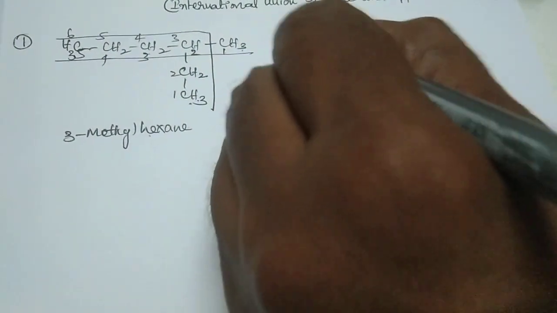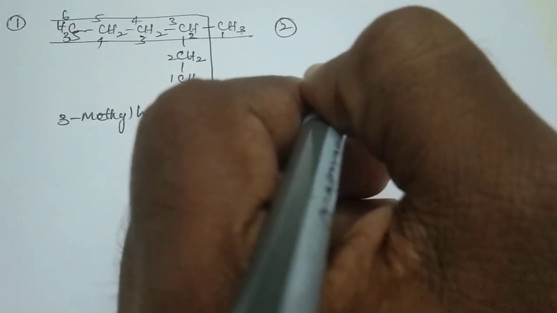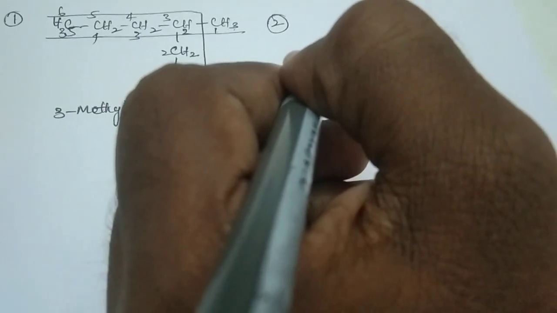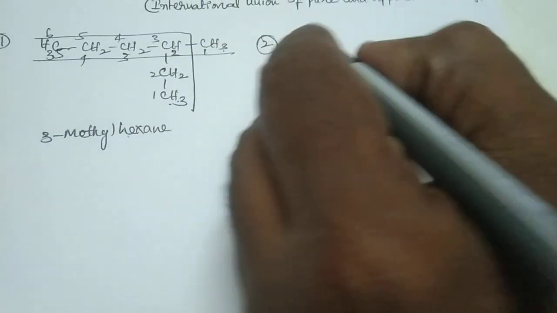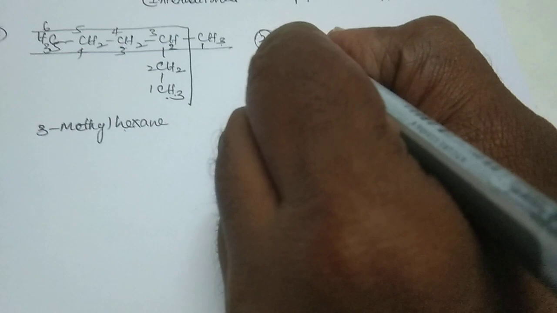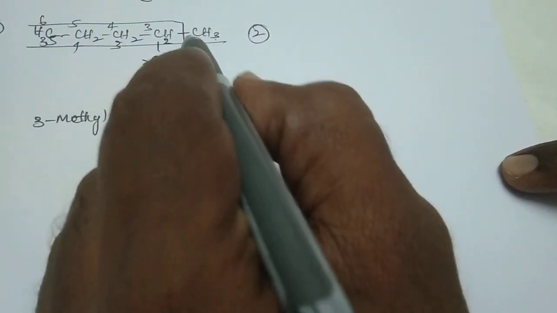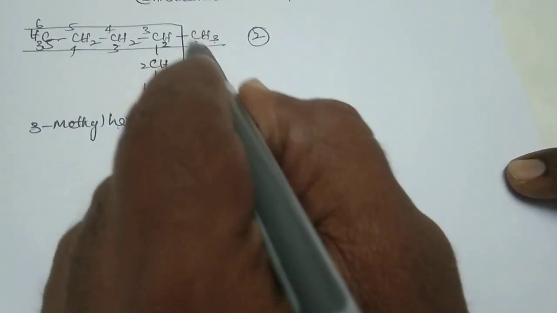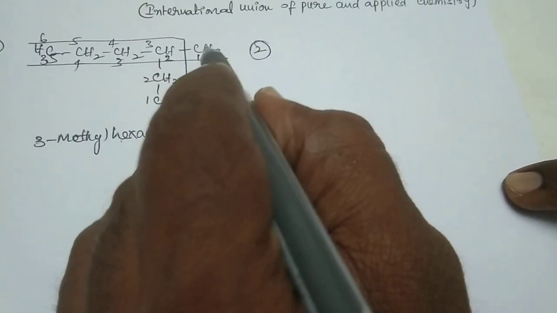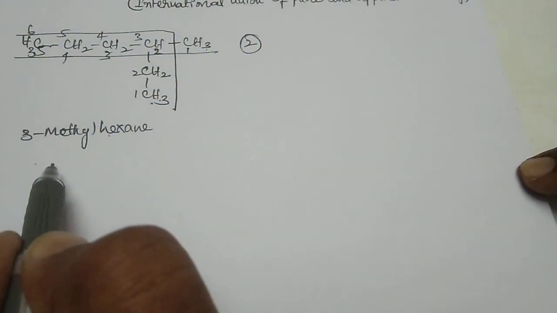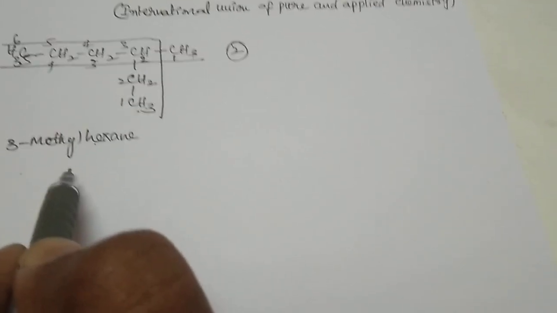Another rule is the substitution name. We have to give the prefix to the parent chain. For example, here at the third carbon you have the substitution. This substitution you have to write first, followed by the parent chain name.